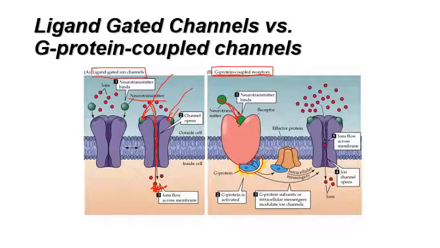A little bit different. This would be much faster. This would be a slower response, again slower, we're talking milliseconds to seconds. Not super far behind, but we can also see that these G-protein receptors can activate many other proteins, and we'll talk about those a little bit more.